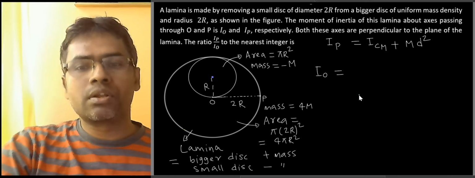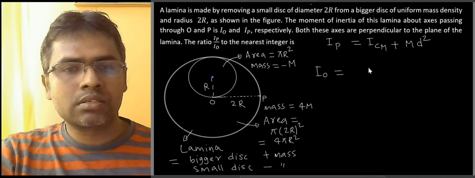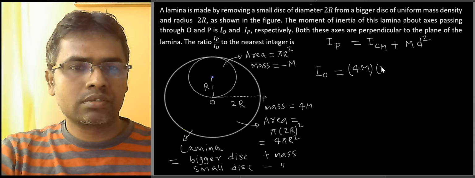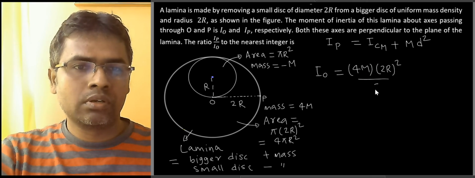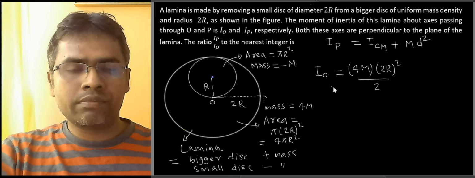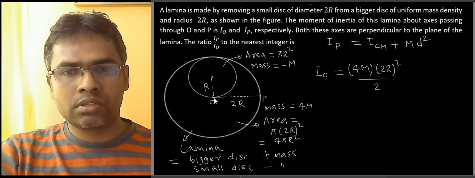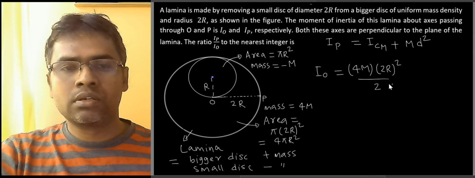Now the contribution coming from the bigger disk is 4m into radius square, which is 2r whole square by 2. We don't have to use the parallel axis theorem for the bigger disk because the axis is in fact through its center of mass.